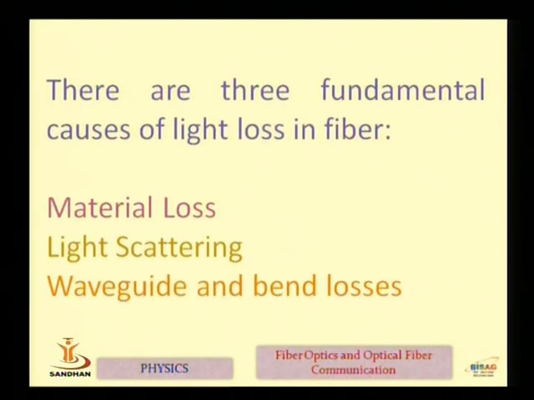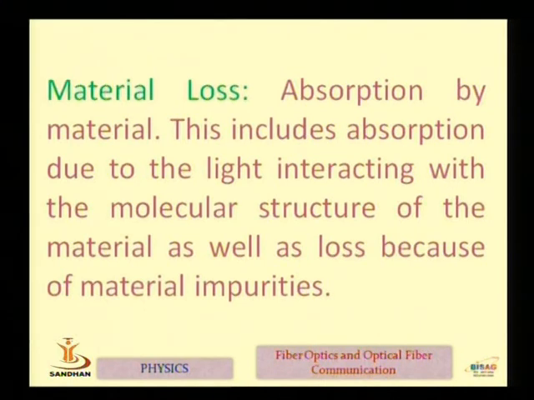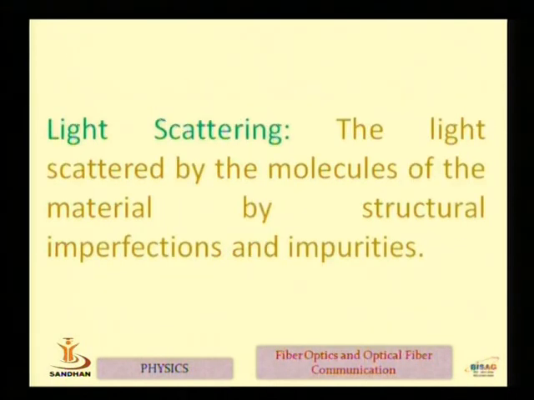There are three fundamental causes of light loss in a fiber: material loss, light scattering loss, and waveguide and bend losses. Material loss is absorption by the material. This includes absorption due to the light interacting with the molecular structure of the material, as well as loss because of material impurities.